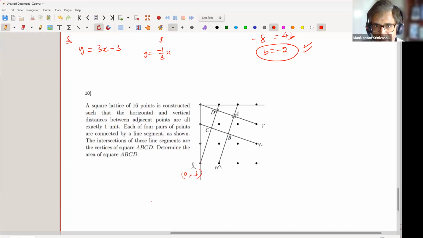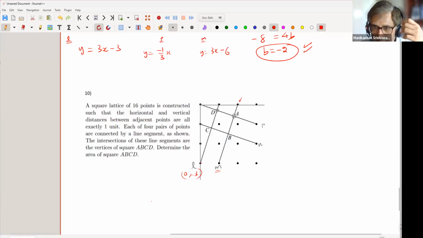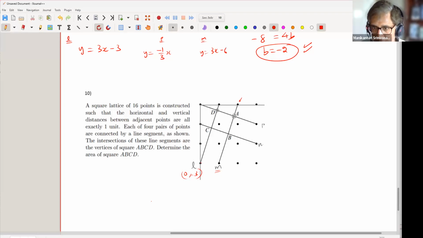We found L and P, and now let's find the equation for M so that we can find points D and A. M will also have the same slope of 3, but it intersects the x-axis at 2, so at x equal to 2, y should be 0. Therefore, y is 3x minus 6. Now it's just a question of solving these two and solving these two.